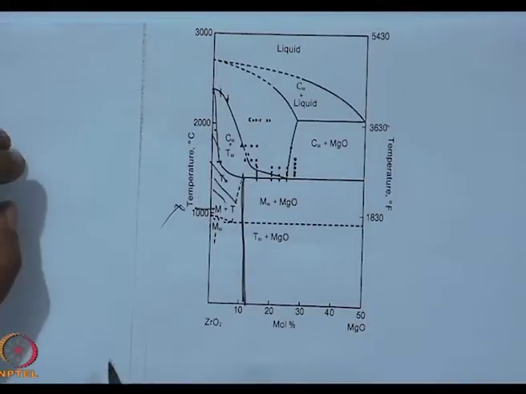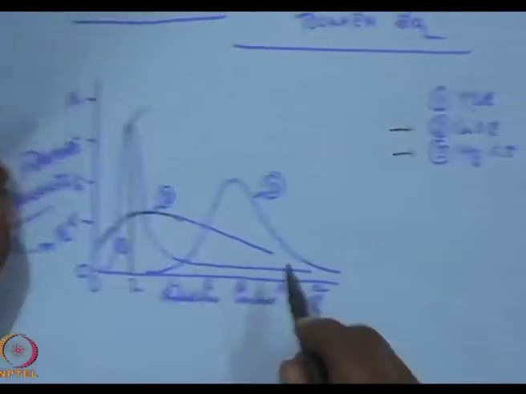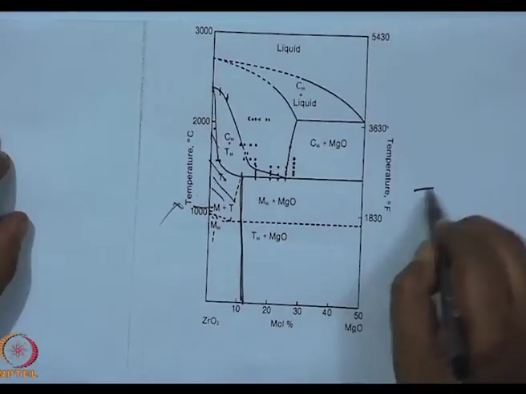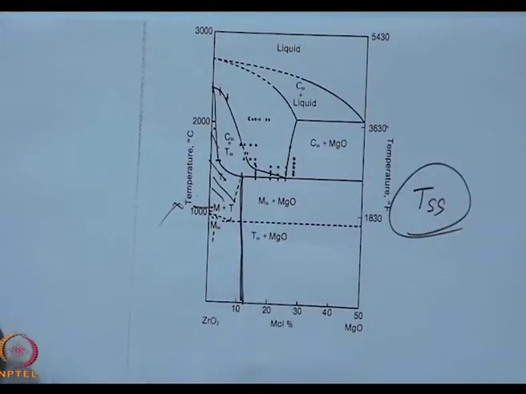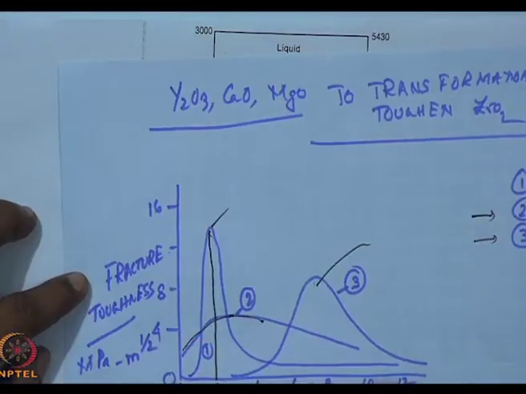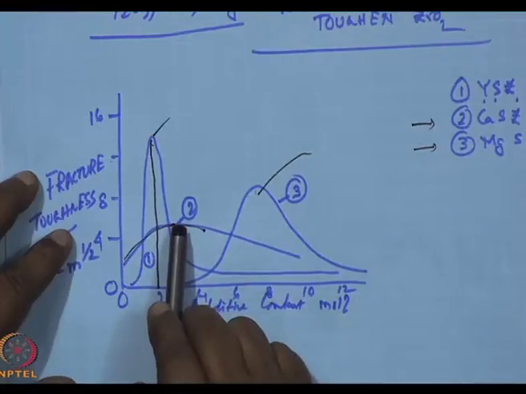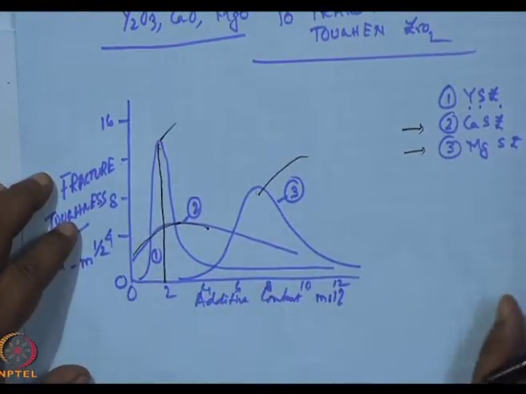Hence with magnesia I require a larger amount of magnesia to work within the tetragonal partially stabilized zirconia, where most of the grains are tetragonally stabilized. This is the reason why we have different amounts of magnesia or calcia or yttria to be added for fracture toughness.